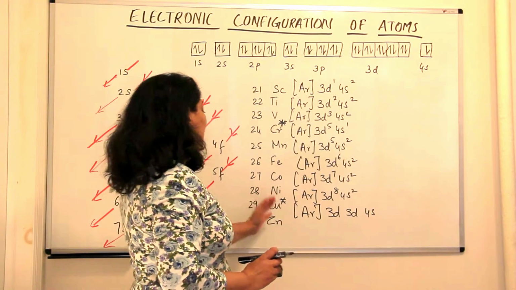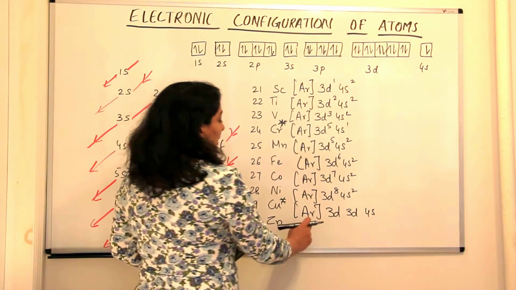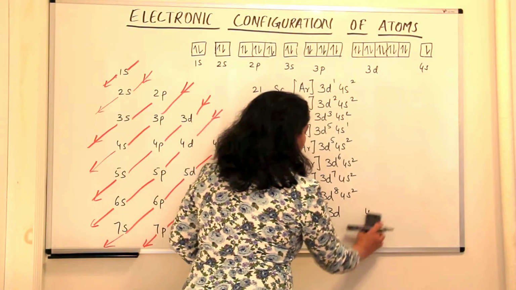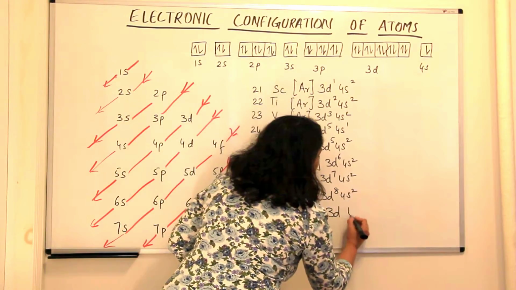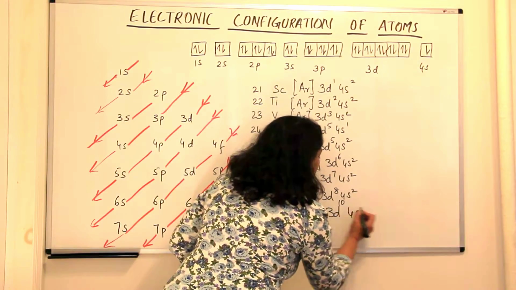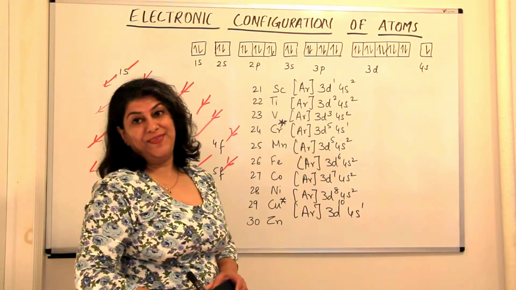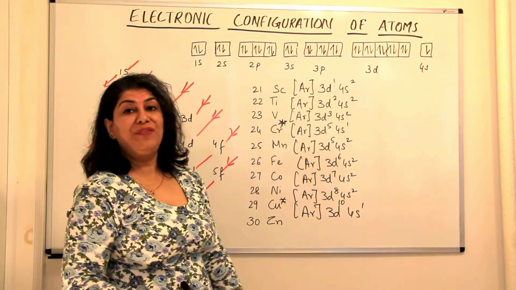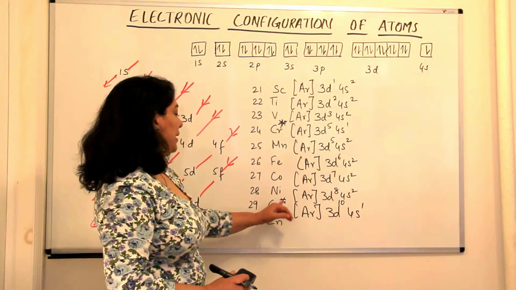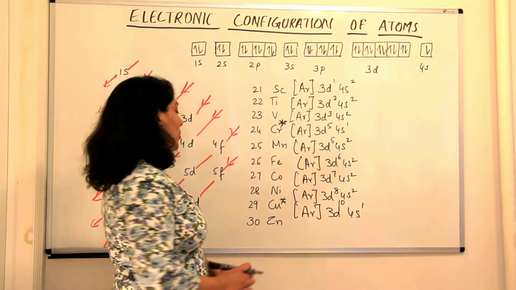Therefore, the configuration of copper now would be 3d10 and 4s1. So this is again an abnormal configuration, and in textbooks you usually find it with an asterisk.